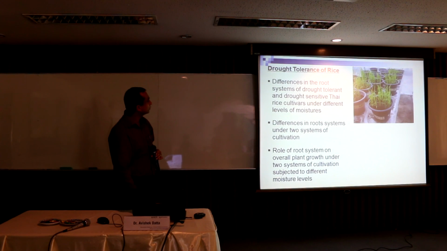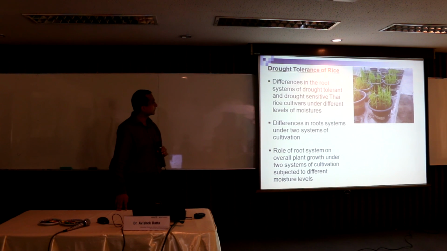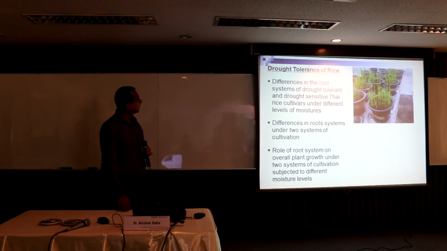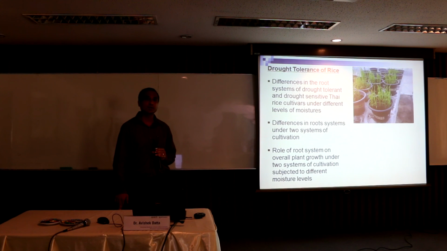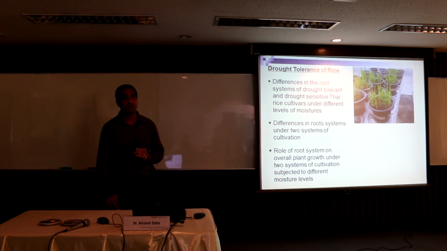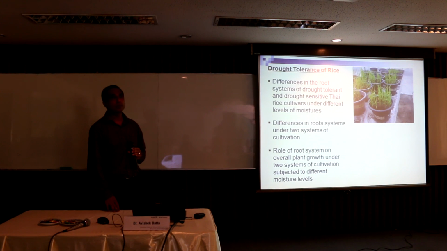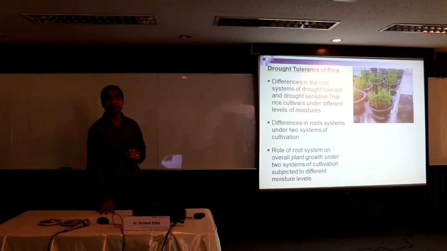So I'm not going to give you details. Some of my PhD students are involved in drought tolerance of rice, because rice is the most important crop in Asia. More than half of the world population relies on rice for their main food.